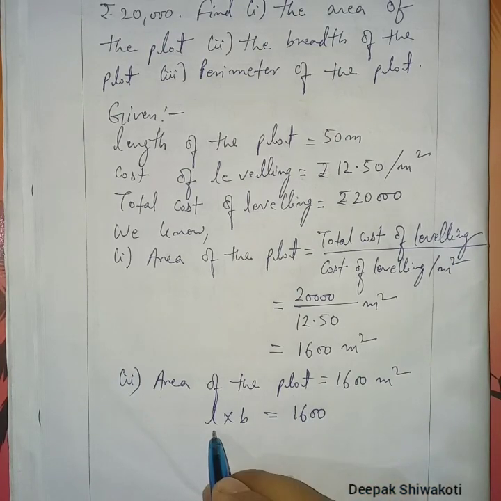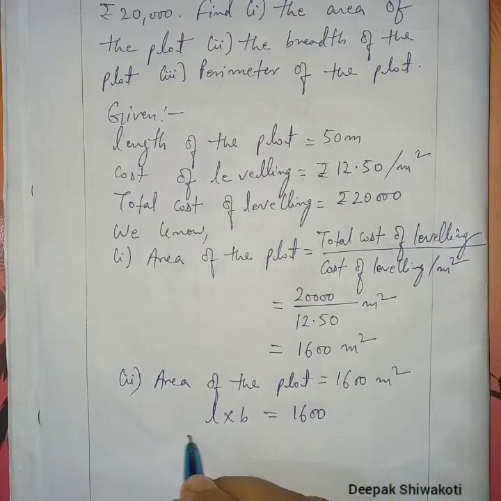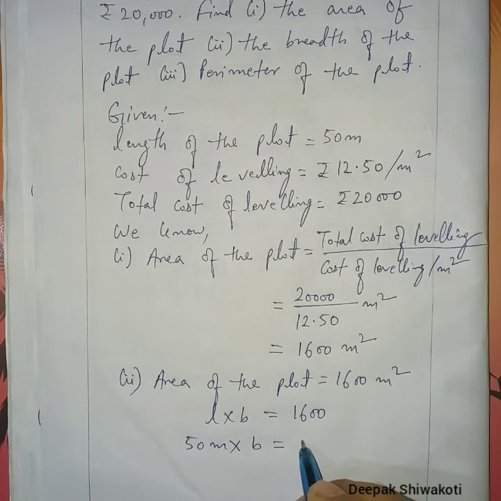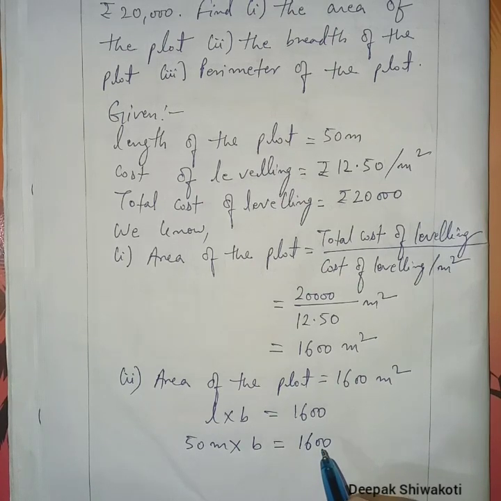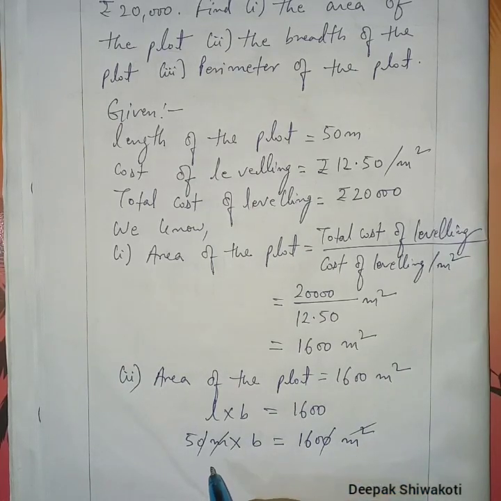Length is given here, 50 meter, so 50 meter into breadth that we have to find is 1600. Now this zero cancels, and 1 meter cancels from here.